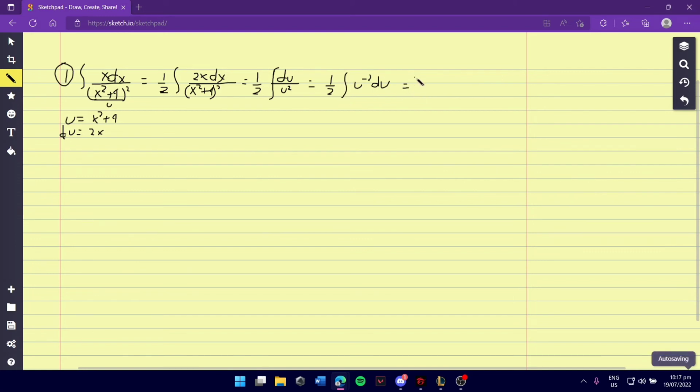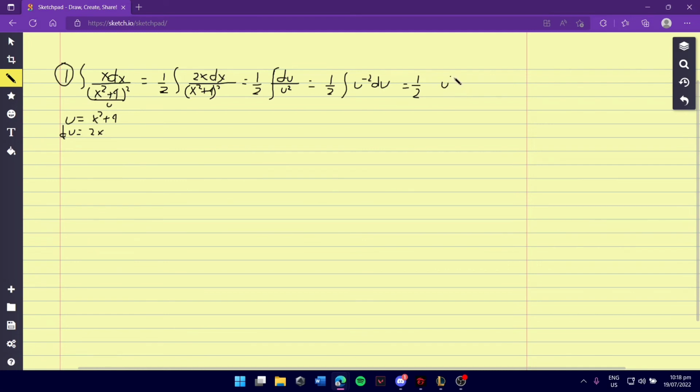So when we integrate it, we will add 1 to the exponent.